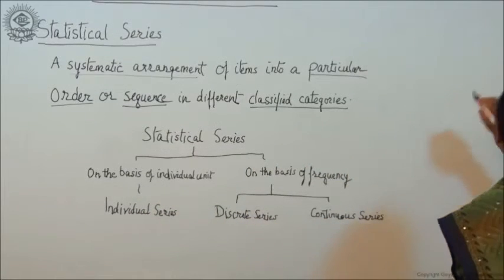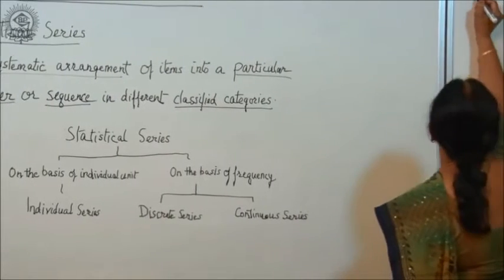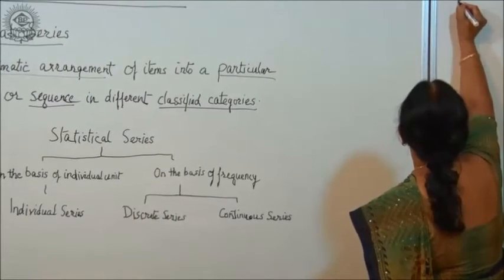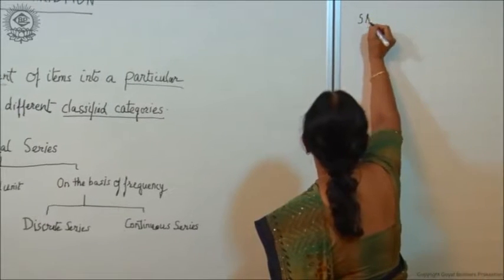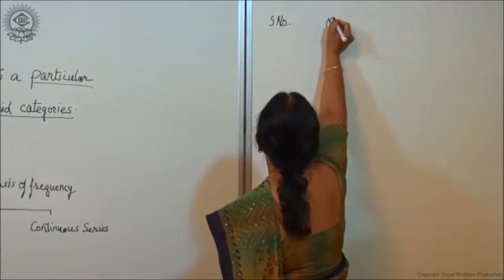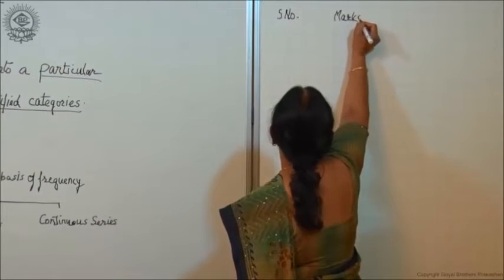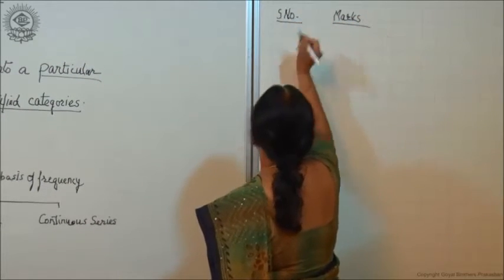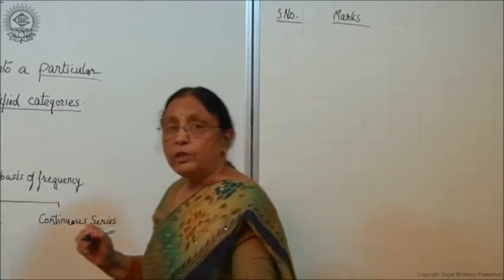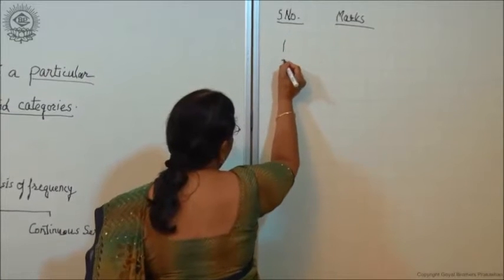Now in the case of individual series, when we are making the individual series, here first we will take the serial number, and suppose we are taking the marks of students in the class. When we are noting down the marks of each and every student, this will be the case of individual series.